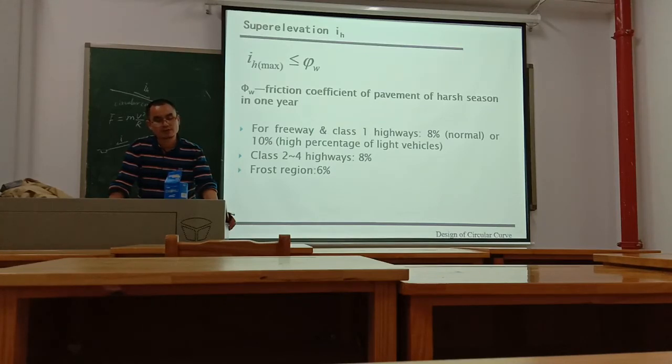On frost region, with ice, the maximum of IH is 6%.